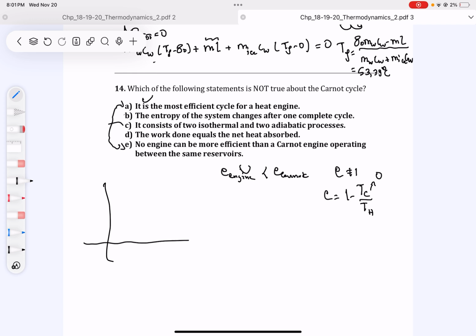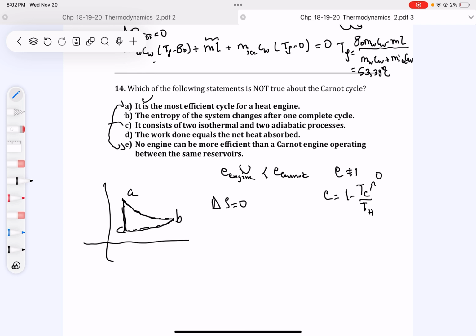If we have points A, B, C, we go from A to B, then to C, then back to A. The entropy depends on the initial and final points, and as we come back to the initial point A, delta S is equal to 0.